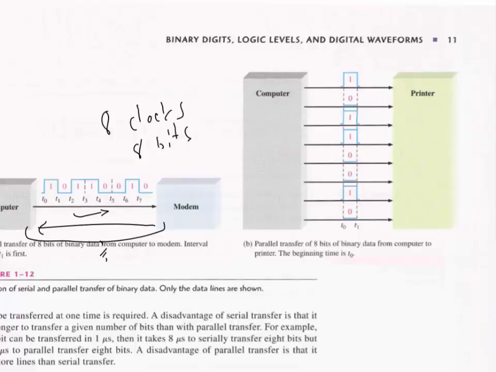It's a standard size of information, and we'll get into more details. Here it takes 1 clock cycle. So it would appear that parallel is much, much faster. It looks like it's 8 times faster, and it used to be 8 times faster.